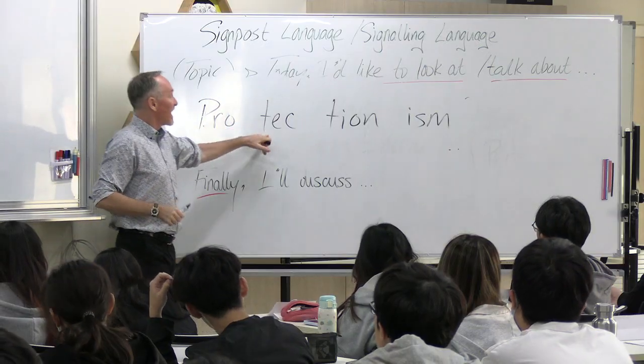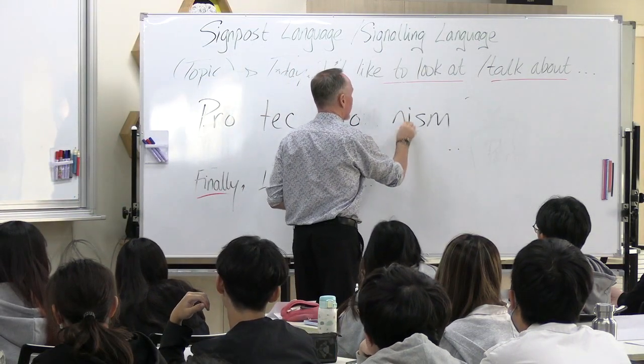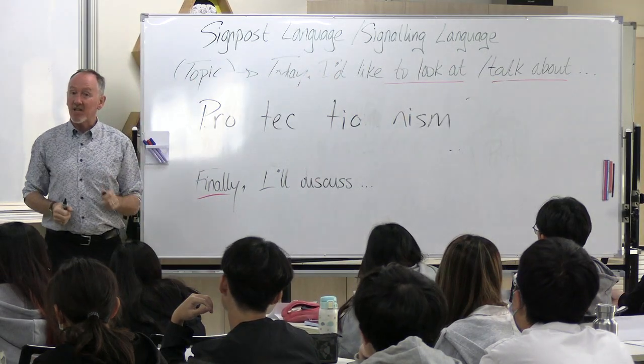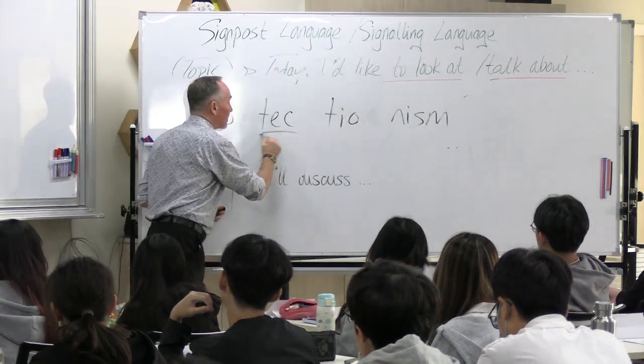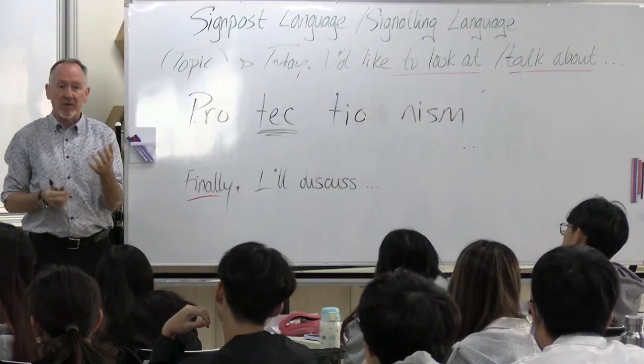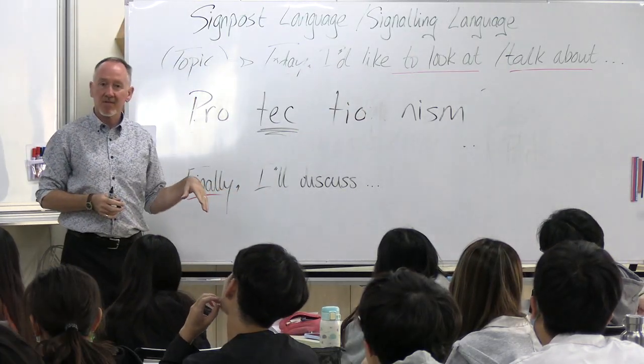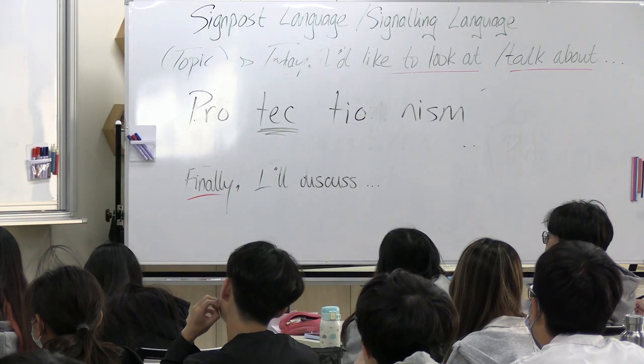We've got protectionism. Okay, protectionism. So here is the stress, right? That's where we say the word a little bit louder. So can everyone say with me? Protectionism. Protectionism. Perfect. All right. Good.